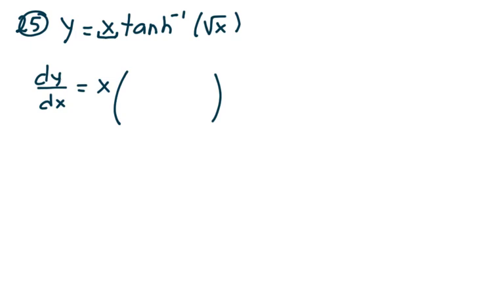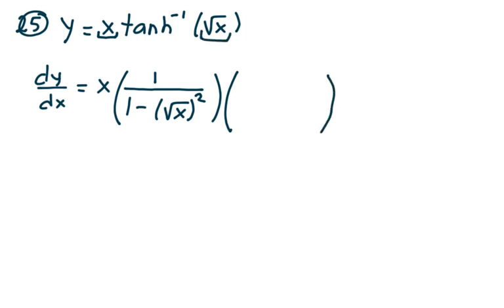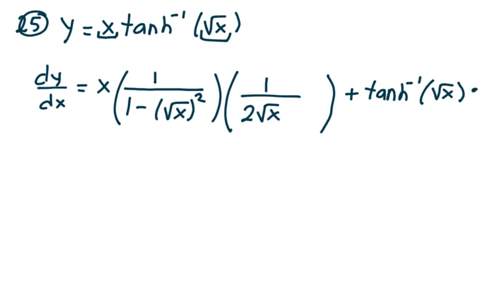The derivative of the second function is 1 over 1 minus what's inside that inverse hyperbolic tangent, which is square root of x, squared. But by the chain rule, I have to multiply by the derivative of square root of x with respect to x, which is 1 over 2 square root of x. And then plus the inverse hyperbolic tangent of root x multiplied by the derivative of x with respect to x, which is 1.